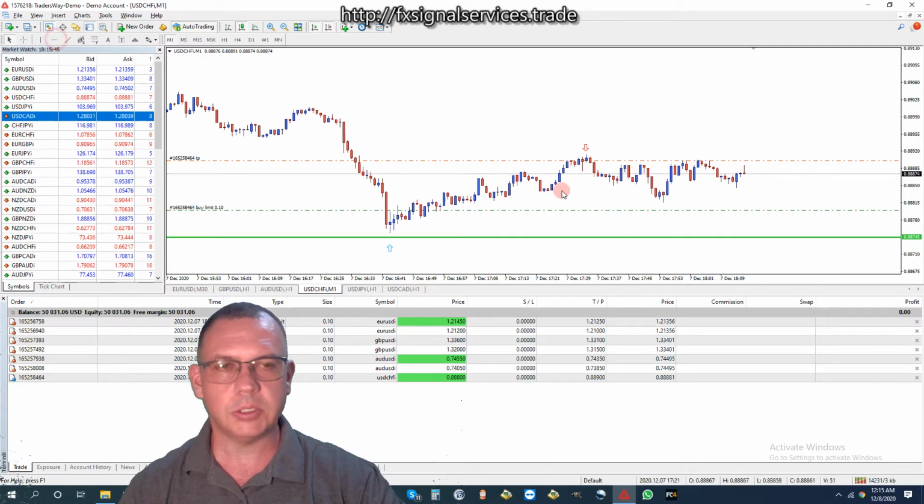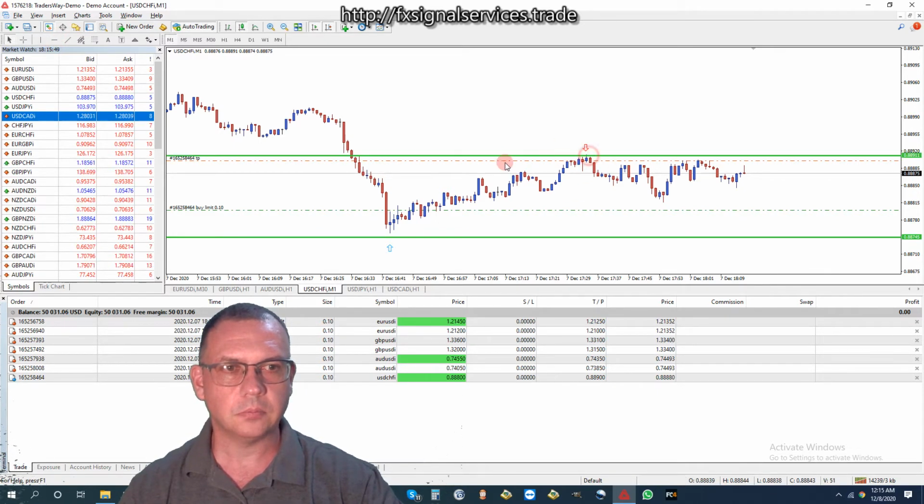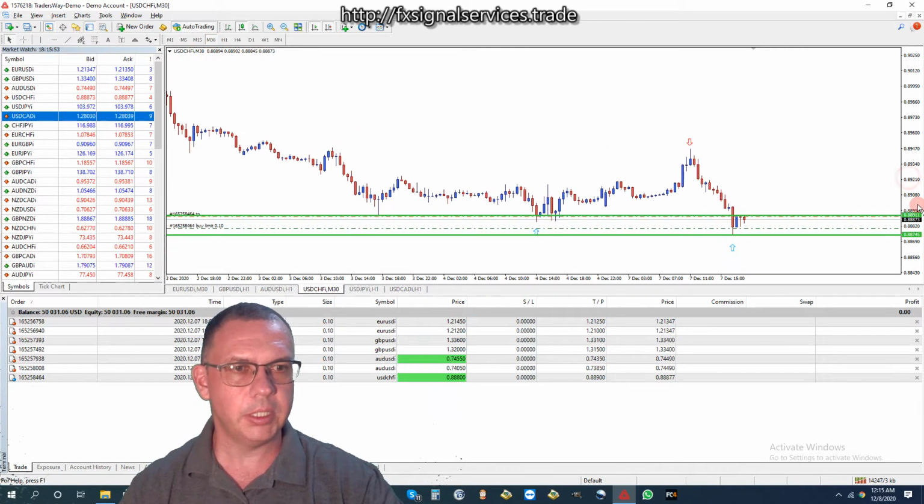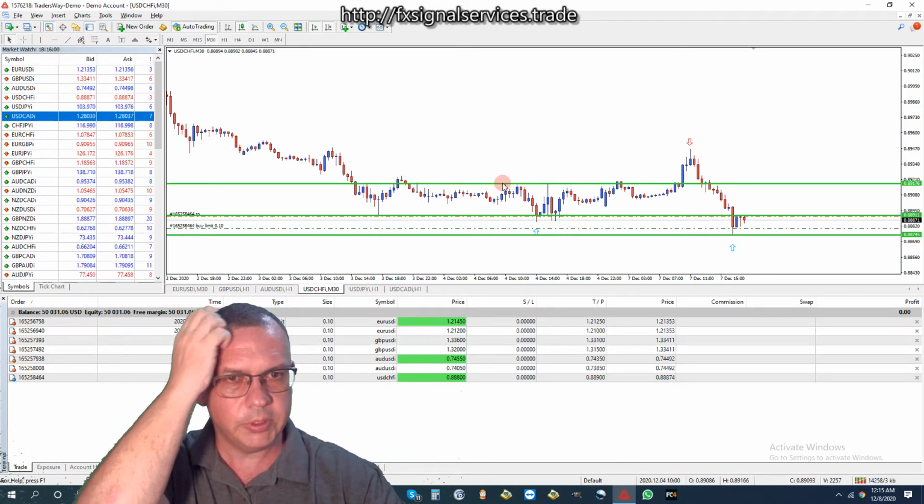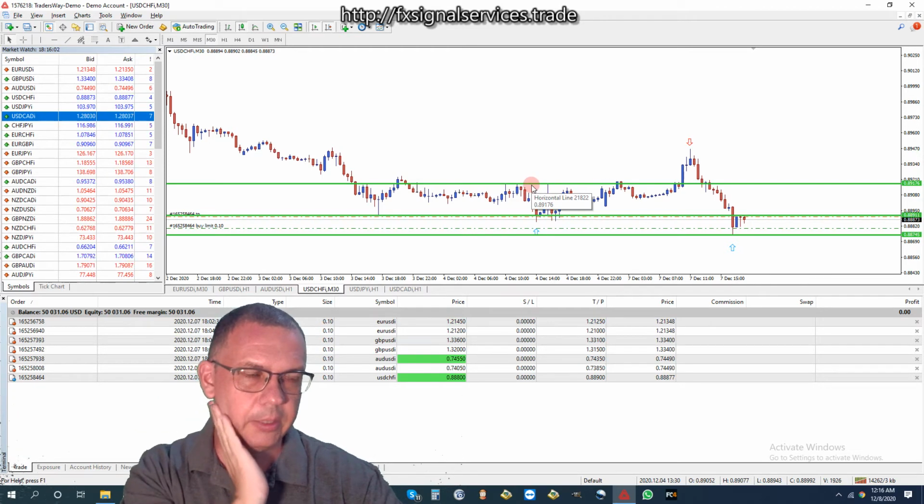Now we also have a resistance right here. If I mark that, and if I go up to a higher time frame, like a 30-minute, I just put 100 pip take profit, but we see a resistance right here that just stands out at me right now.